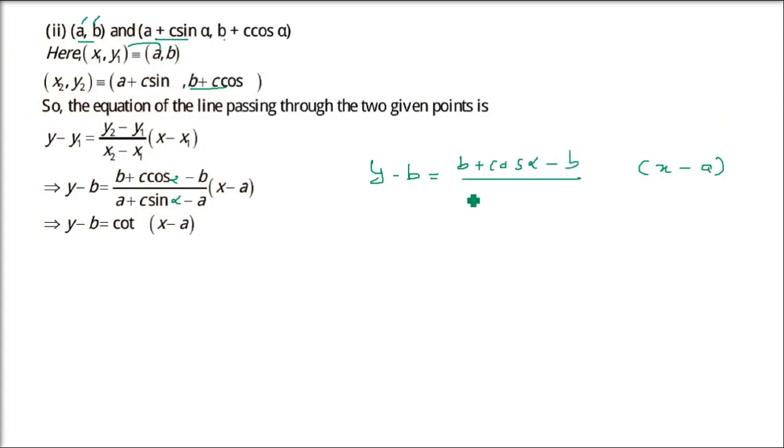And what is this one? x2 minus x1. So a plus c sin alpha minus a. So b, b cancels, a cancels, then you have this c cos alpha, c, c cancels, cos alpha by sin alpha will be cot alpha. y minus b equals cot alpha into x minus a. This is going to be the solution.